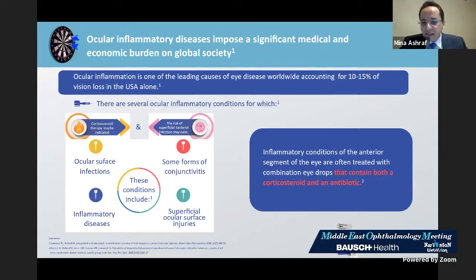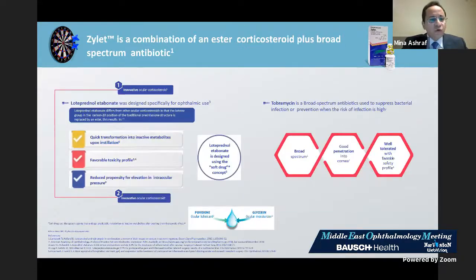Often, these conditions are treated with combination eye drops that contain both a corticosteroid and an antibiotic. Xylit is a combination of the ester corticosteroid loteprednol etabonate and the broad-spectrum antibiotic tobramycin. Xylit includes the innovative ocular corticosteroid loteprednol etabonate, which was designed specifically for ophthalmic use. As we will see in the coming slides, loteprednol provides quick transformation into inactive metabolites upon instillation, a favorable toxicity profile, and reduced propensity for elevation of intraocular pressure.